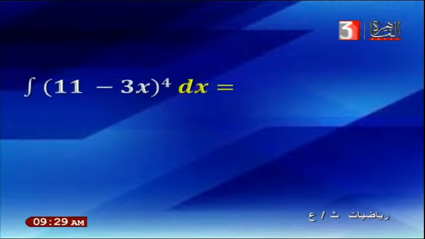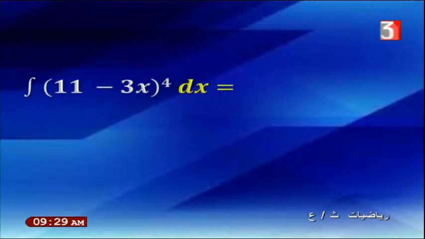Example number 2. The integration of (11 minus 3x) all to the power 4 dx equals, yes, the expression between the two brackets is of first degree, 11 minus 3x to the power 1.